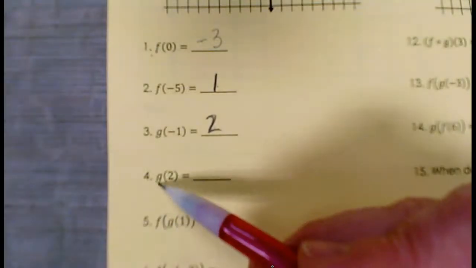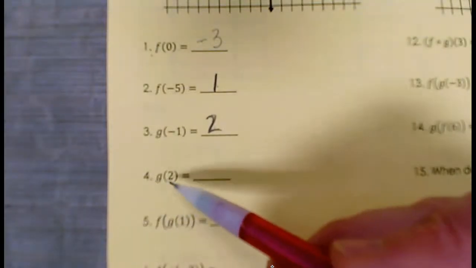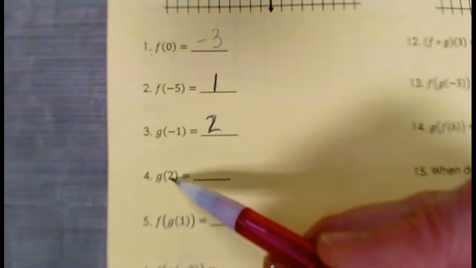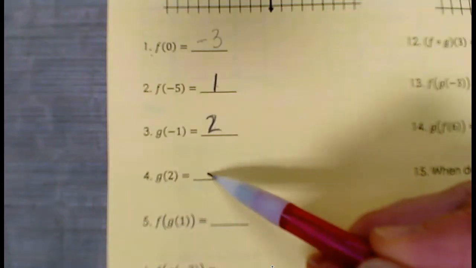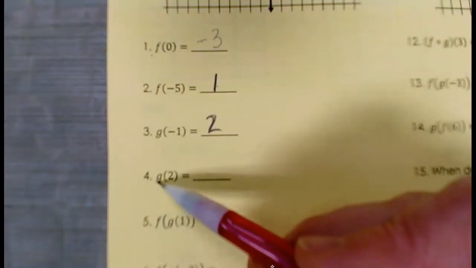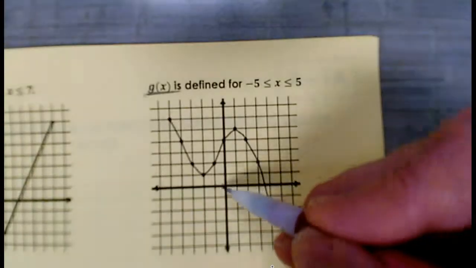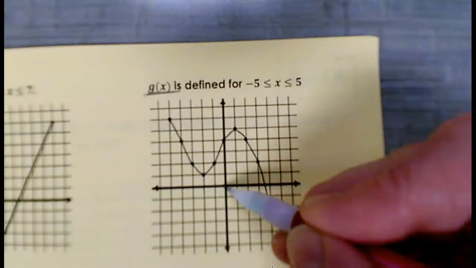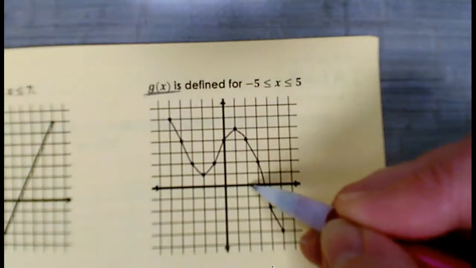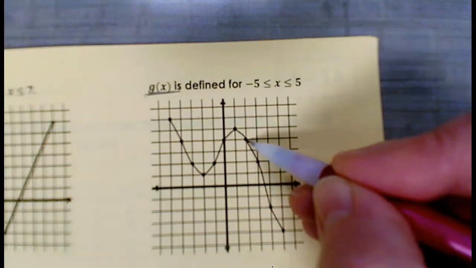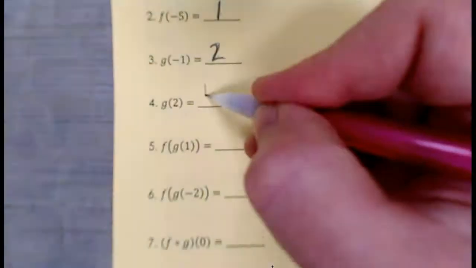This tells me go to the graph called G, go to the x value of 2, find the y value. Graph G, x value of positive 2, 1, 2, 3, 4. The y value is 4.